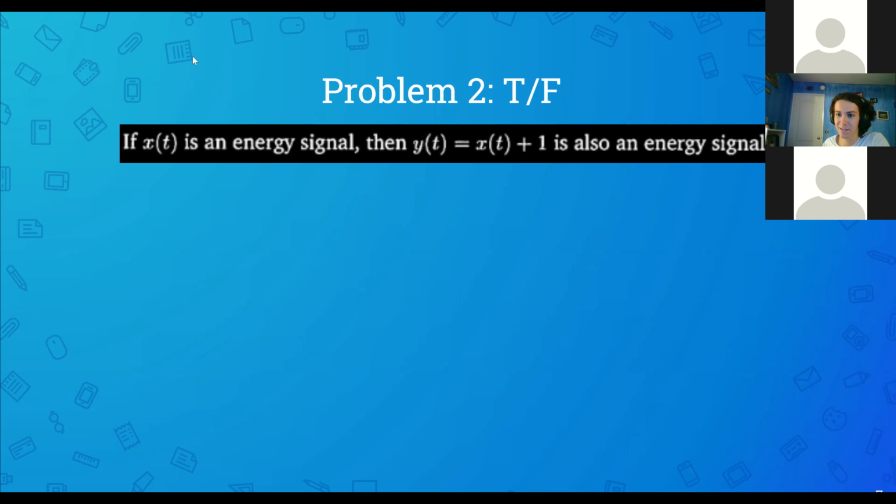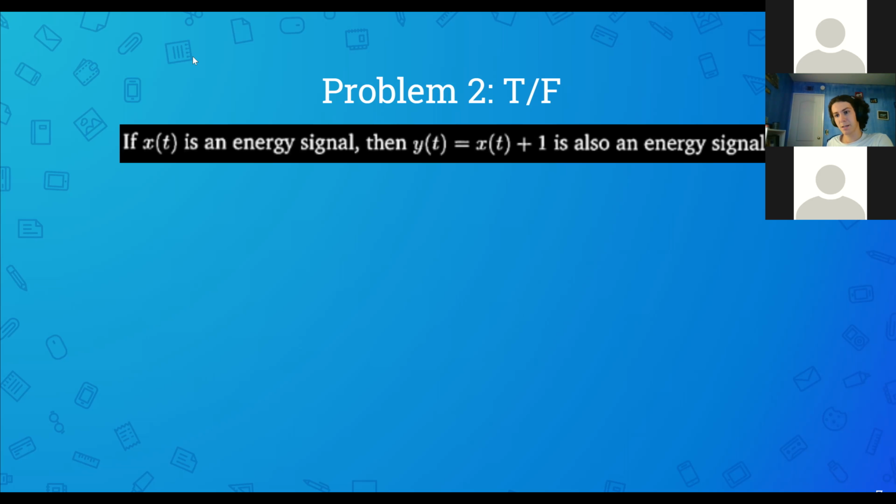That's why I have them on here. The way I thought about it is that an energy signal is finite. If an energy signal exists at x of t, then I would assume it would also exist at x of t plus 1. That's a good way to think about it.